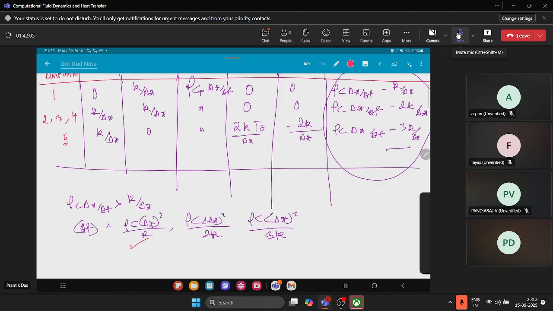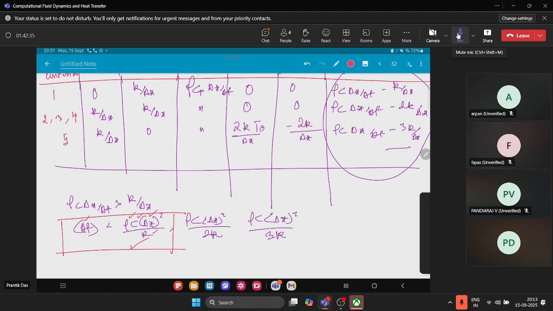Okay. So if this one is a problem you are facing, if this one is not obeyed, then in the code itself you have to write that when you are choosing delta x and delta t, since rho c and k you will actually know at the start of the simulation. These are the properties of the material itself that we are dealing with. But delta x and delta t are the variables. So once you define delta x, then delta t you have to define automatically so that it is less than this.